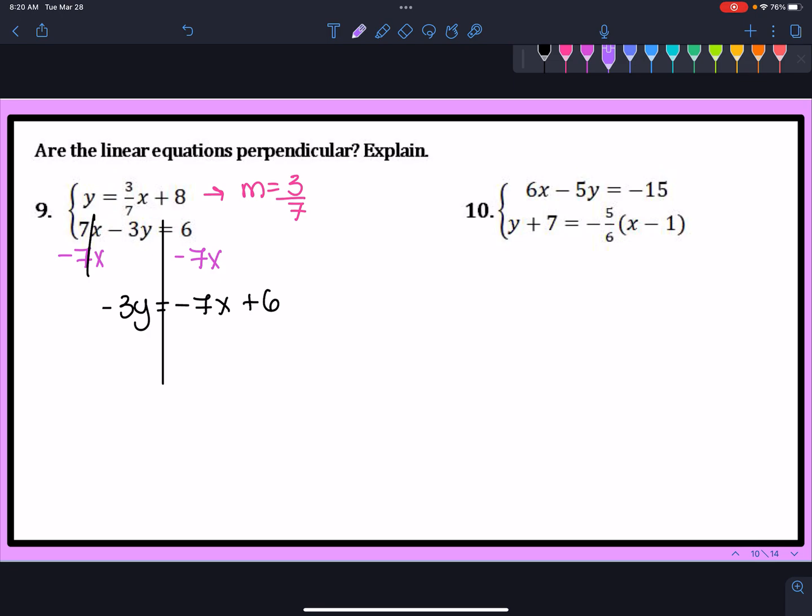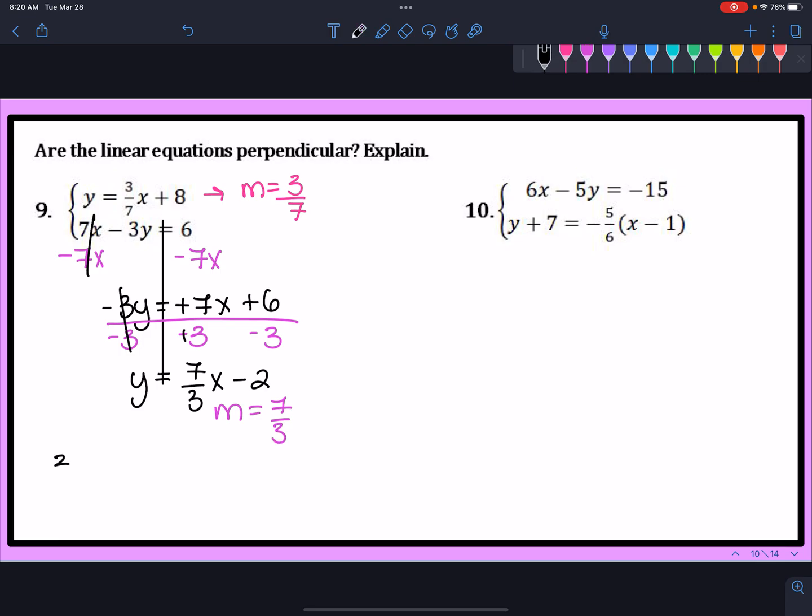I have to get rid of the number in front of y, so we are going to divide by negative 3 by all three numbers. I am left with y is equal to, 2 negatives become positive, and it's going to stay a fraction, which is 7/3 x. 6 divided by negative 3 is negative 2. And the slope here is 7/3.